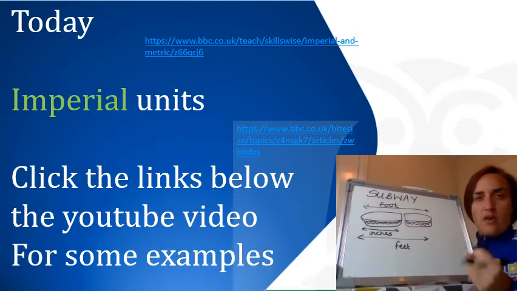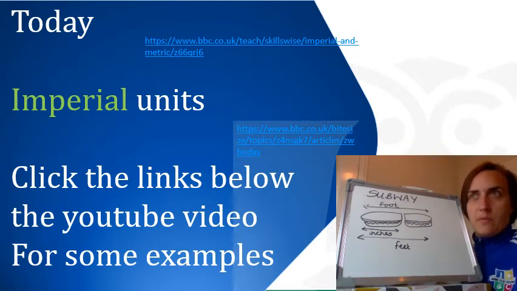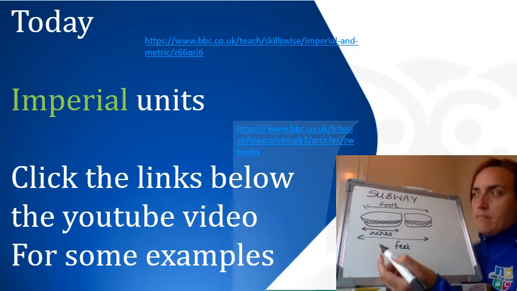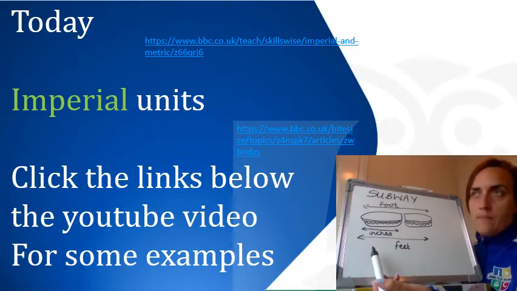So can you see how they're not quite as easy to follow as what we've been doing so far? We would say, you know, 1 metre is 100 centimetres. Now we're saying 6 inches is 15 centimetres. And a foot is double that, so 12 inches or 30 centimetres roughly.